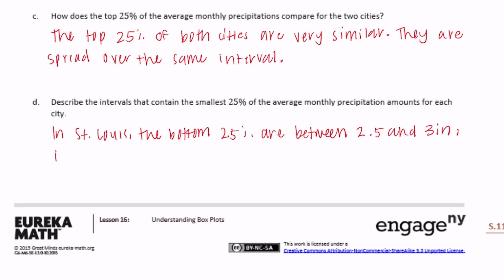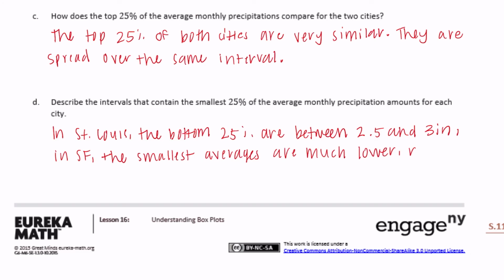In San Francisco, the smallest averages are much lower, ranging from 0 to 0 and 2/10 inches.